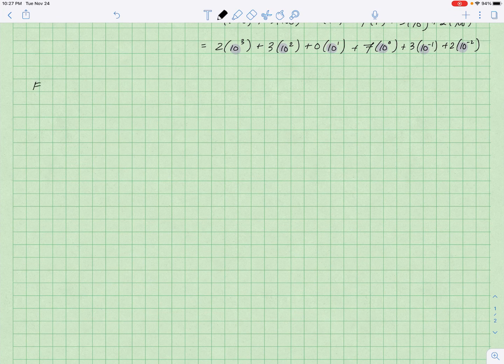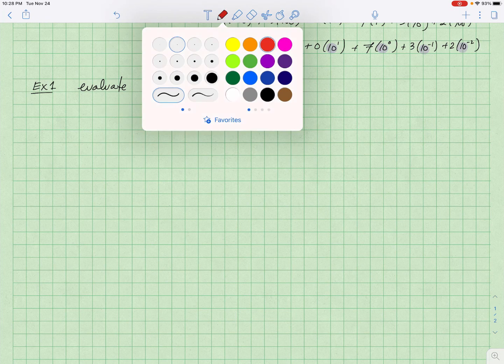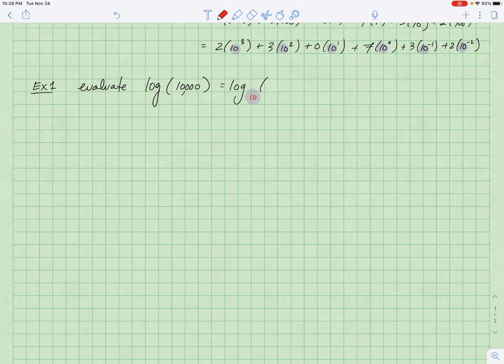For example, when we write something like evaluate the log of 10,000. Well, that's the number of powers of 10. This is actually log of, the base, even though it's not written here, is understood to be base 10.